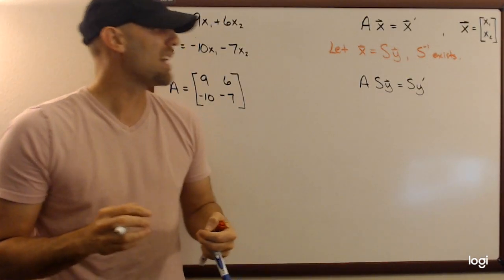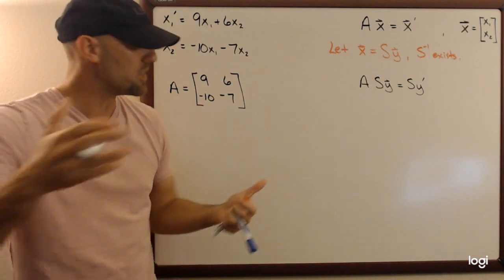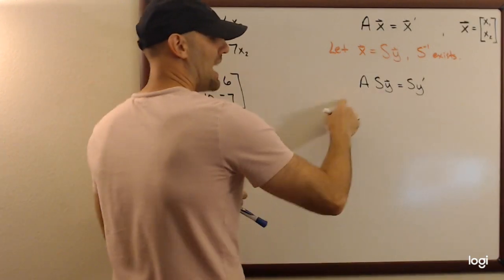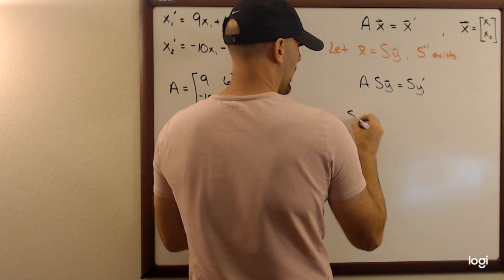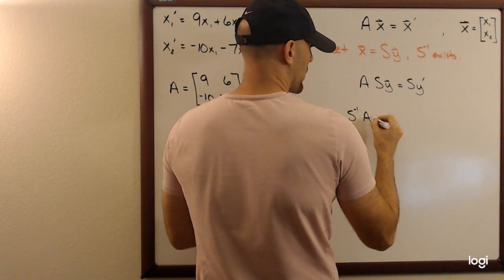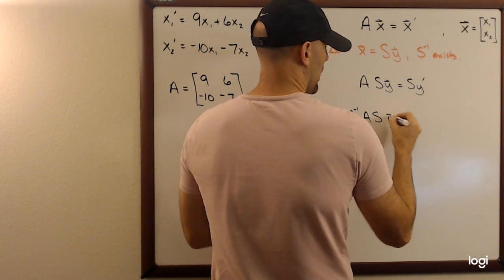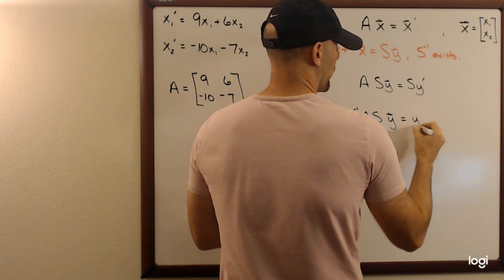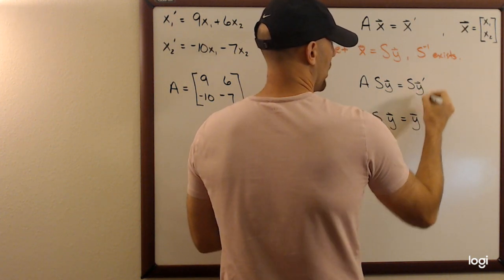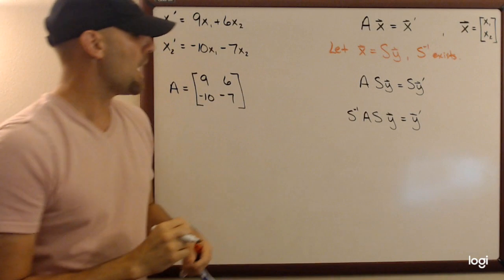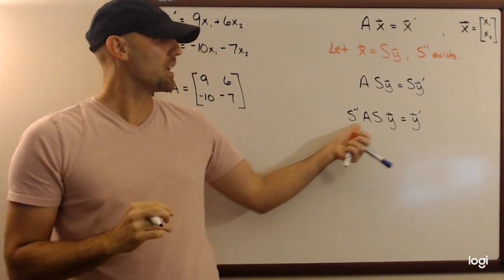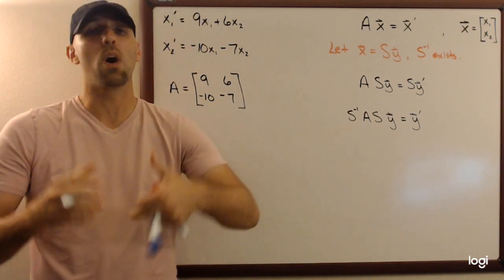Okay. Now again, I made the assumption S inverse existed, so let me go ahead and multiply S inverse to both sides here, and I get S inverse AS times Y is equal to Y prime.